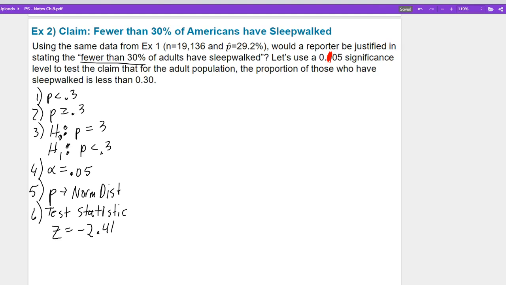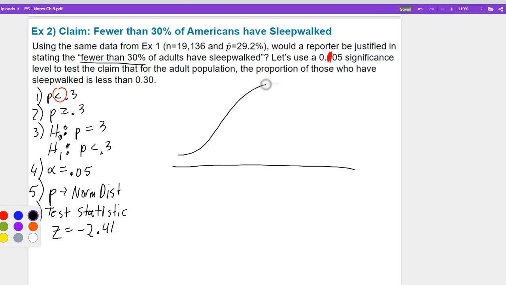So let's picture what this looks like. When we see that less than symbol, we know that this picture is left-tailed. And our z number that we just found was negative 2.41. That's not the same thing as the critical value.